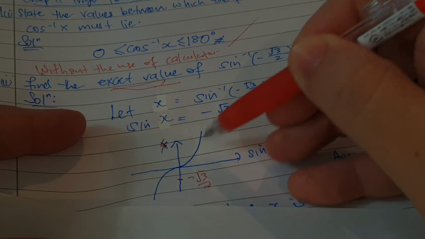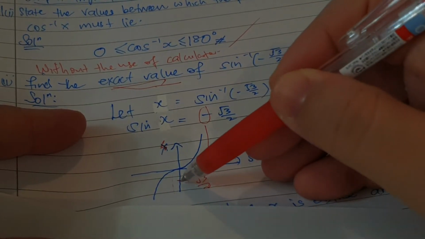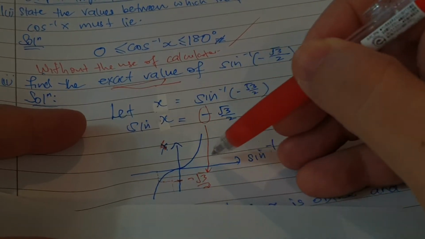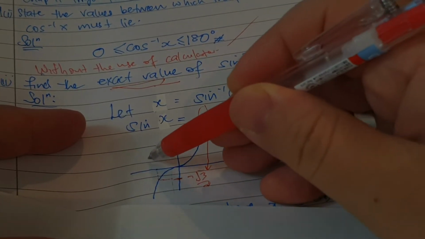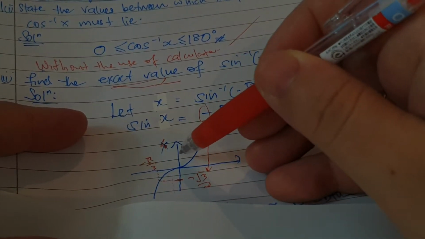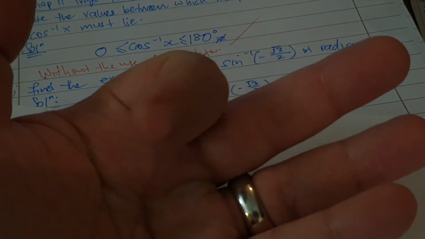That means it's a value somewhere below the x-axis, right? Then you will cut here, one-to-one function, you'll cut here. That means the angle must be negative. Correct or not? Because when you use your finger, you know already what is 60. 60 is pi over 3, right?